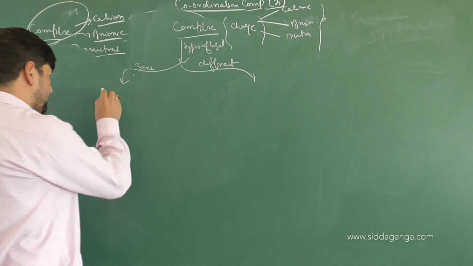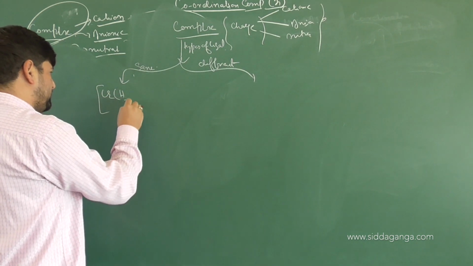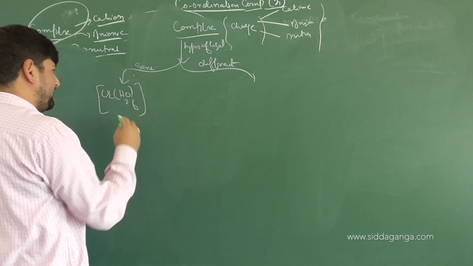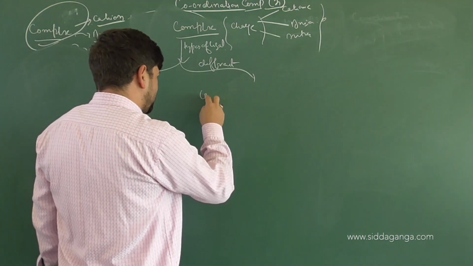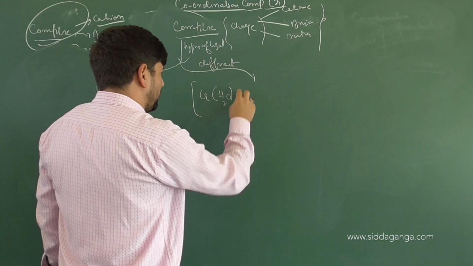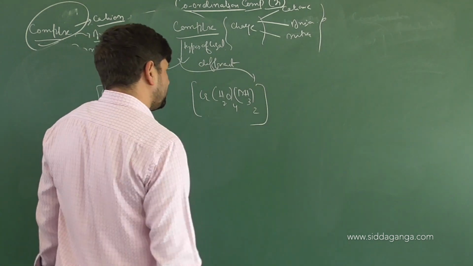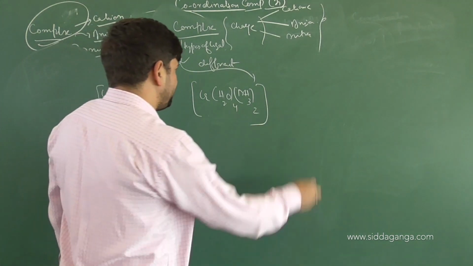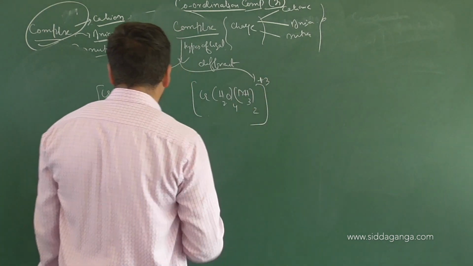What I mean to say is, say we have a complex [Cr(H2O)6]3+. Then you have a complex [Cr(H2O)4(NH3)2]3+. Again we have the complex as plus 3.